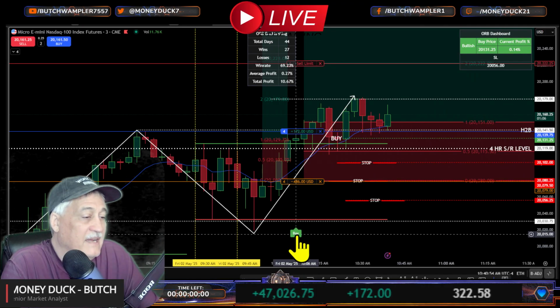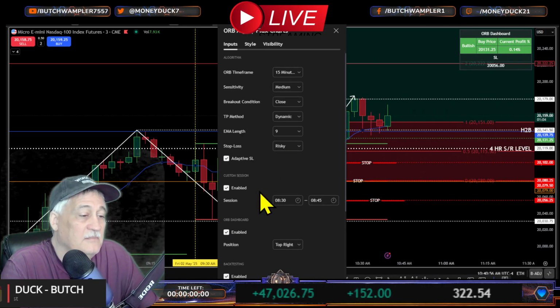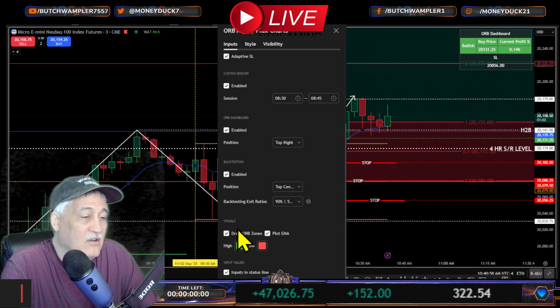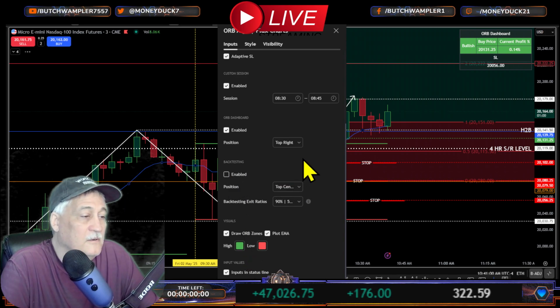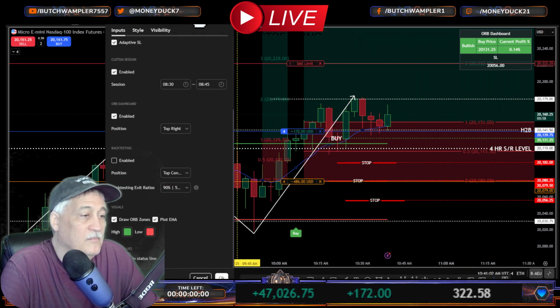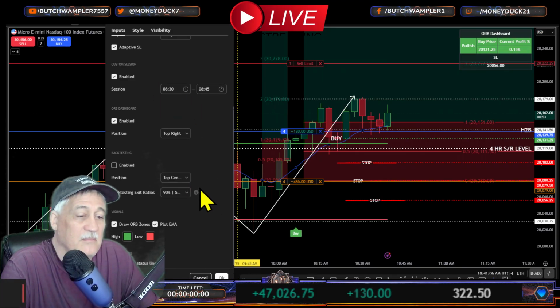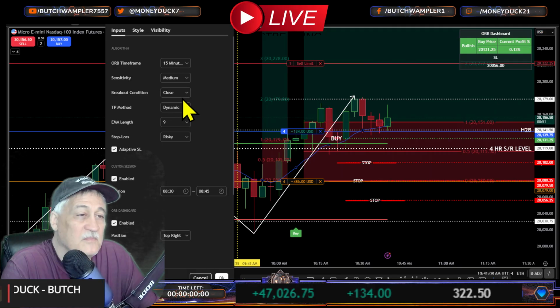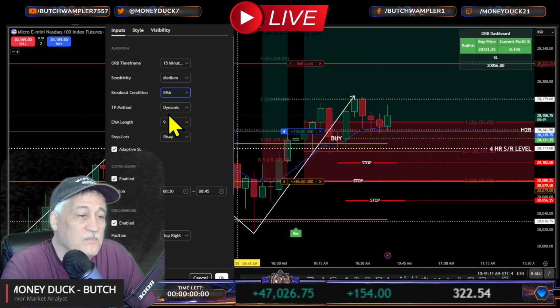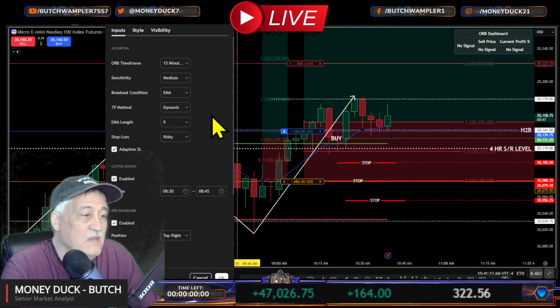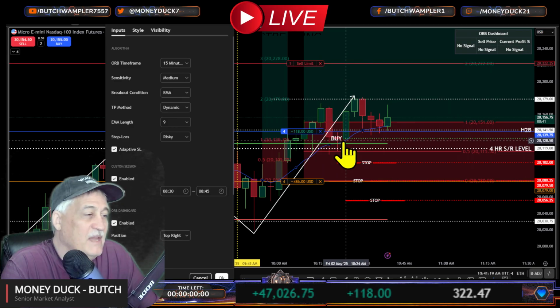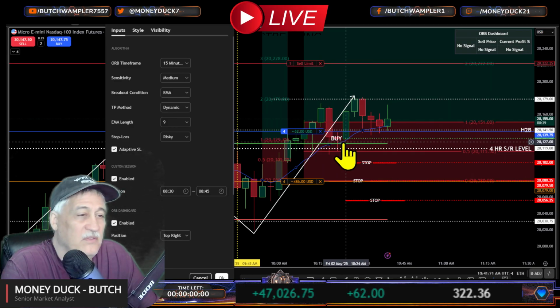So let me look back at, I want to turn the back testing back off. I don't know why that wasn't showing. I think it's all because of the EMA. Yeah, see, setting the breakout condition on the EMA, we had an EMA break there, but this thing did not signal a buy.